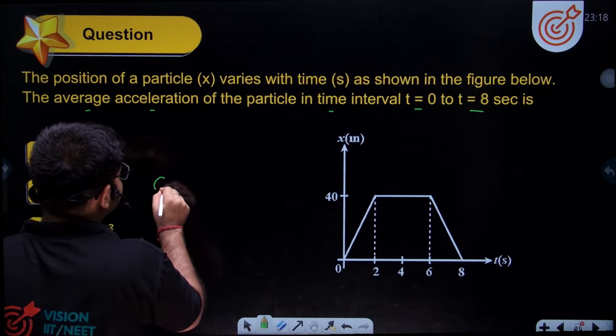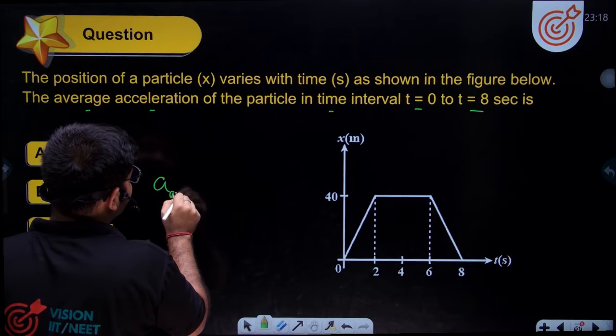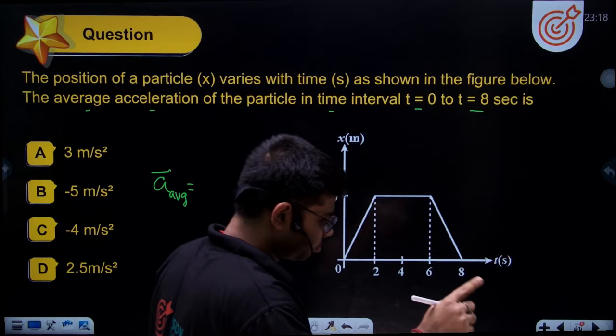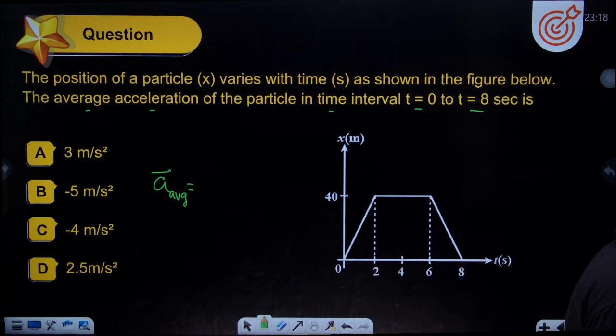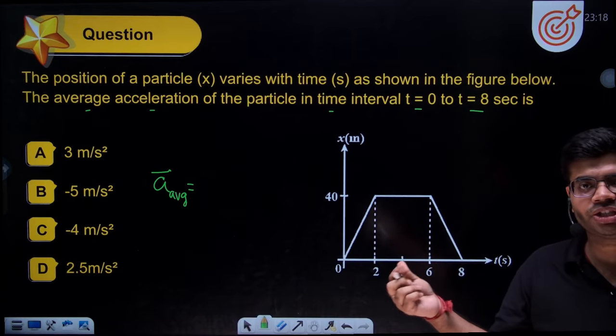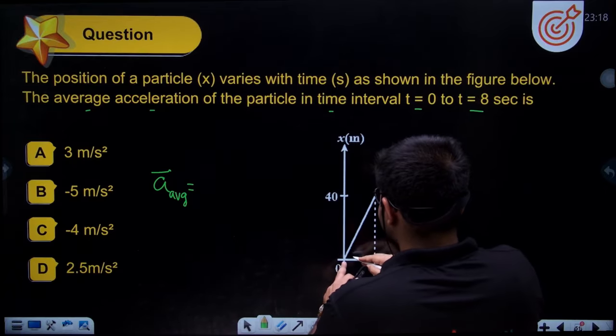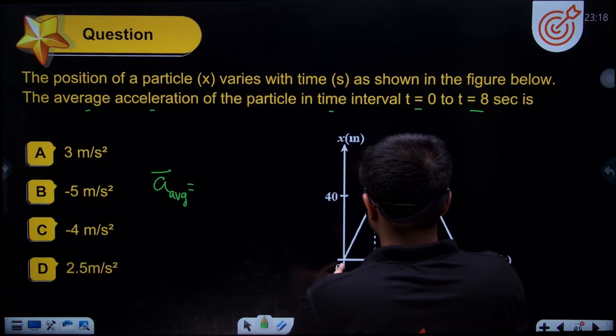Average acceleration is nothing but the final velocity minus the initial velocity, that is the change in velocity by the change in time. Okay. So what is the velocity change here from 0 to 2?